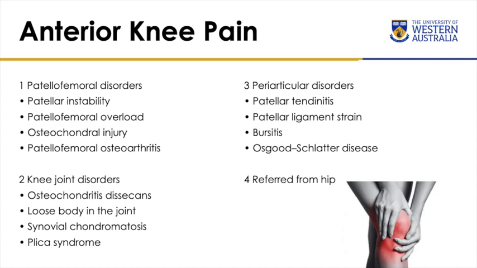It could be disorders of the actual knee joint, including osteochondritis dissecans, a loose body in the joint, synovial chondromatosis or plica syndrome, periarticular disorders, including patella tendinitis, patella ligament strain, bursitis, or Osgood-Schlatter's disease. Finally, don't forget that knee pain can be referred pain from the hip.